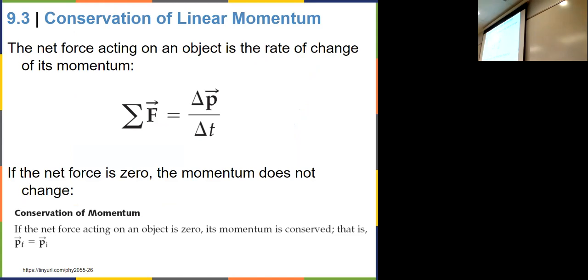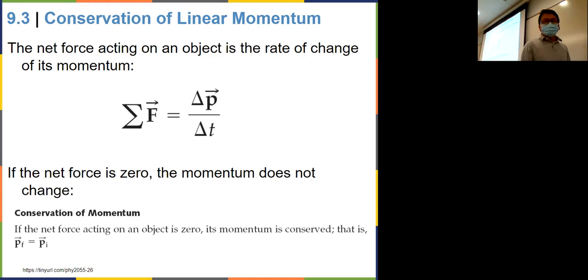All right, and then Newton's second law, when he initially proposed it, was in the form of change in momentum over change in time t. So in that case, if the net force is equal to 0, then change in momentum should be equal to 0. Okay, so that gives you the condition for conservation of momentum. If the net force acting on the object is 0, its momentum is conserved.